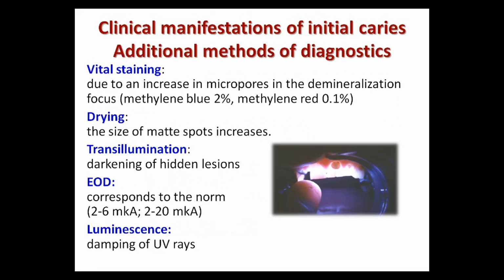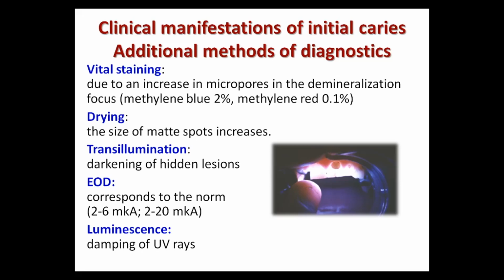Additional methods of diagnostic during initial caries. Vital staining. Due to an increase in micropores in the demineralization focus, we use methylene blue 2% or methylene red 0.1%. Drying. During drying, the size of chalky spots increases.